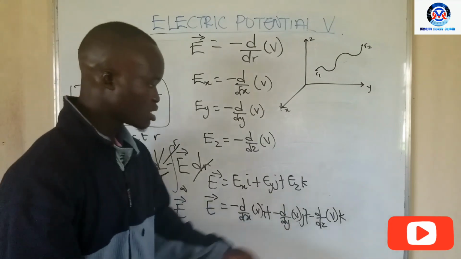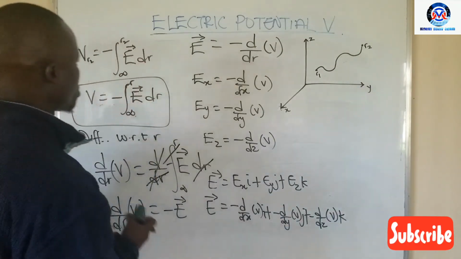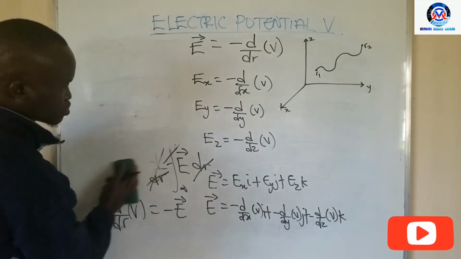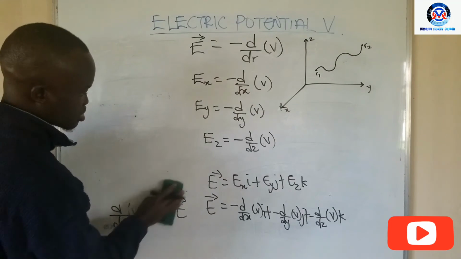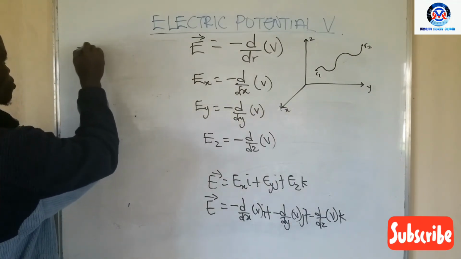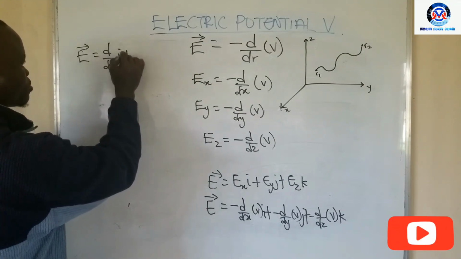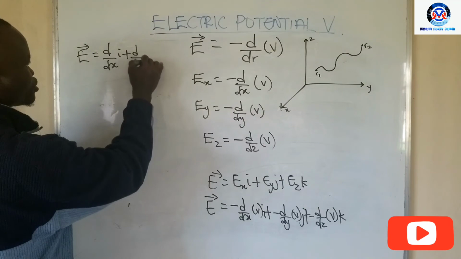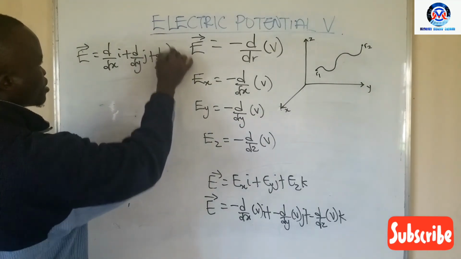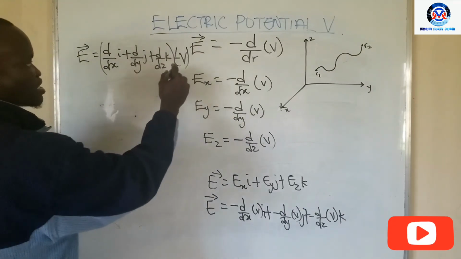So from this, taking out negative V from this equation, we are going to have that the electric field vector is d dx i plus d dy j plus d dz k, acting on negative V. So we are going to have negative V outside.